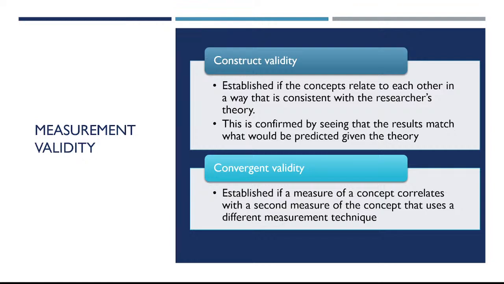Say you've got one that's a Likert scale and one that is a ranked number scale, like rank this between 1 and 10. It's probably lower in terms of convergent validity. I think that one tends to be hard to establish because you do need two different measurements, and not all concepts are easily measured in two different ways.